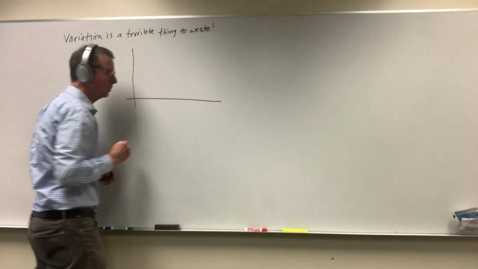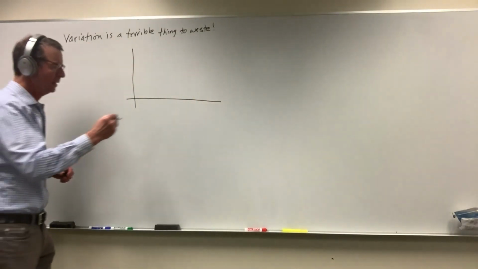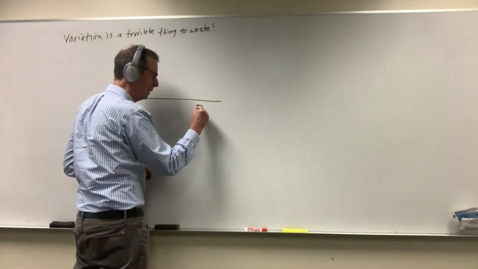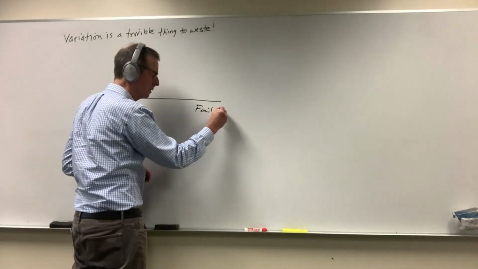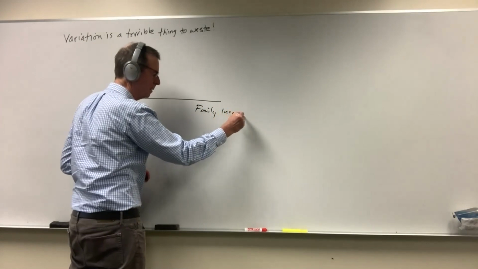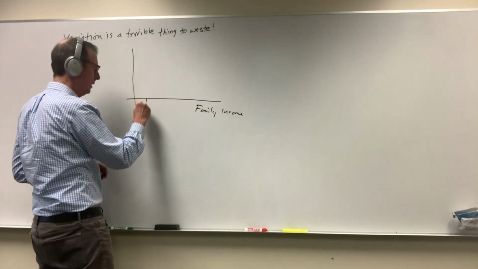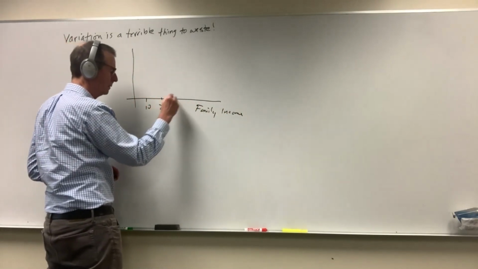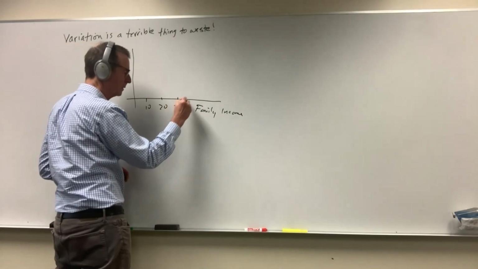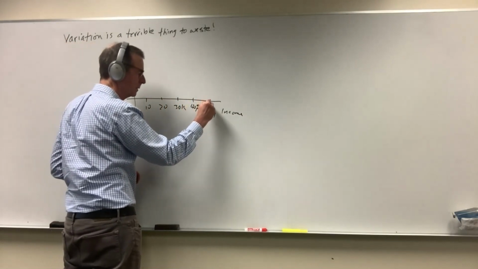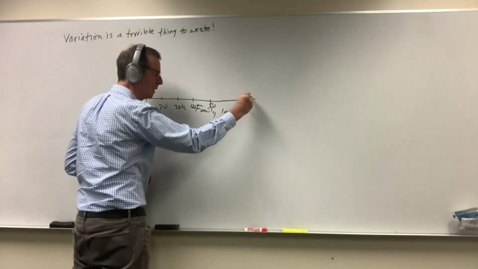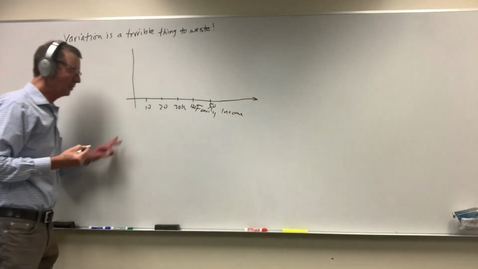All right. So in the article, we had family income, 15-year family income, just as before, 10, 20, 30,000, 40, 50, all the way out. So that's exactly the same.